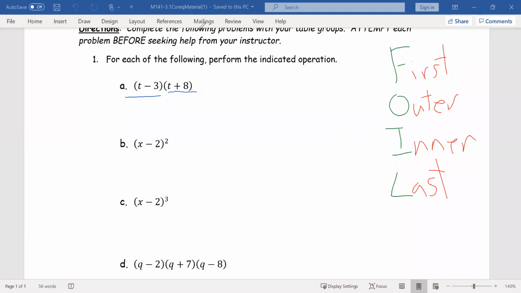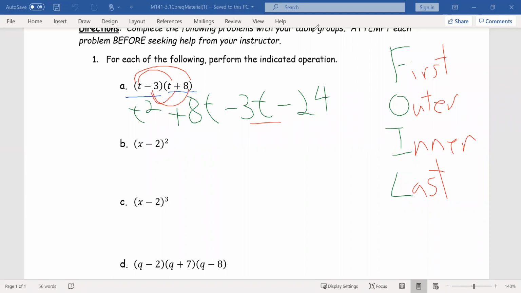Recall that when we go to multiply this, we start with the first in each, so we do the t times the t, which gives us a t squared. Then we do the outer, which means the t times the plus 8, which gives us a plus 8t. Then we do the inners, so the negative 3 and the t, which will give us minus 3t. And then the last, which means negative 3 times 8, which gives us minus 24.